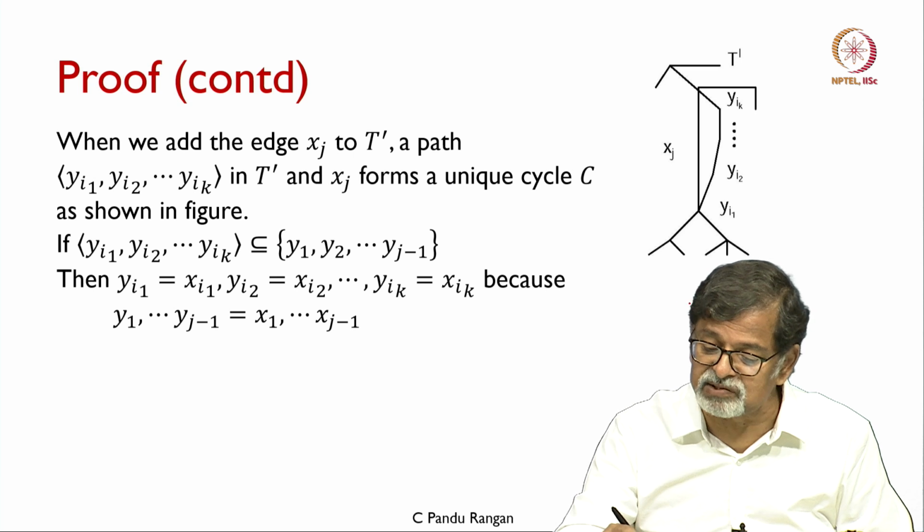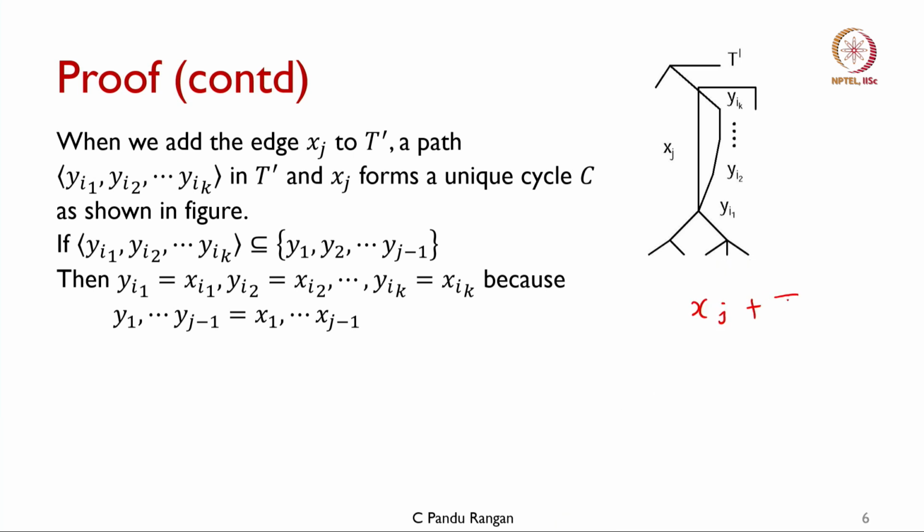So, this is xj plus T dash. Here is the unique cycle that you see. That is going to have certain edges. The edges of T dash are labeled y1, y2, y3 and so on. So let yi1, yi2, ..., yik be the edges in the cycle C.